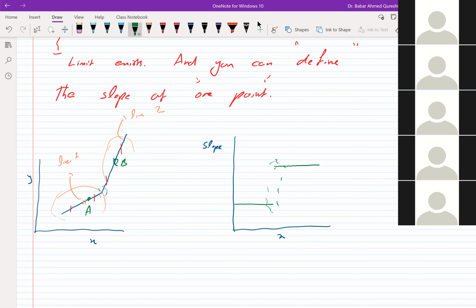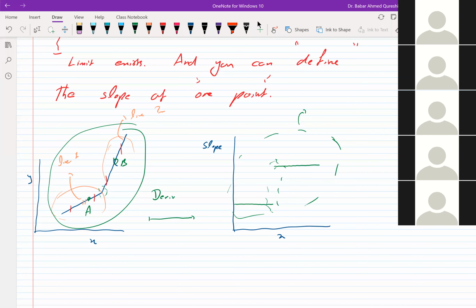And the derivative is essentially an operation which takes the graph of the function, so this is the graph of the function over here, and converts it into the graph of the slope of the function, or more appropriately of the derivative of the function. Let's call it differentiation. So this is an operation and this is the derivative of the function, and this is the function.